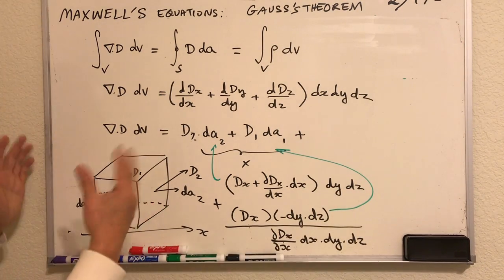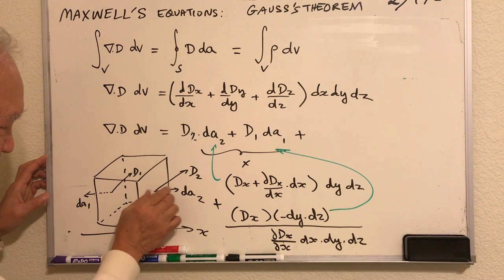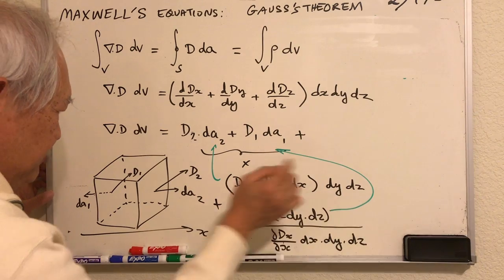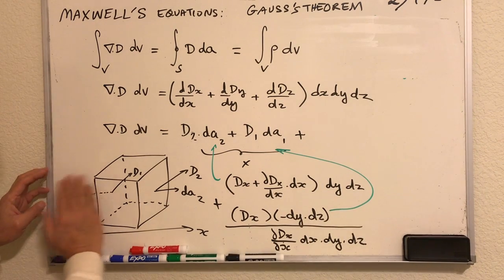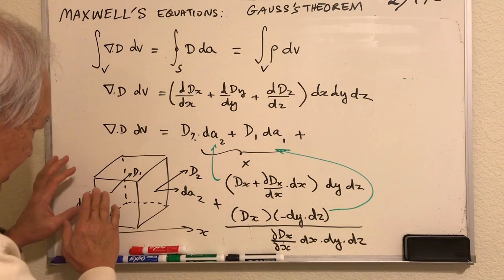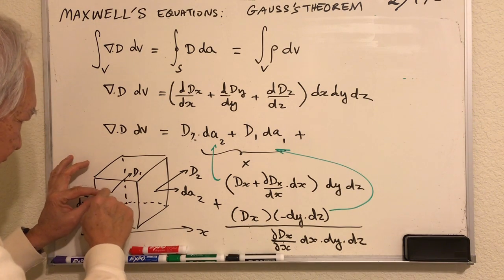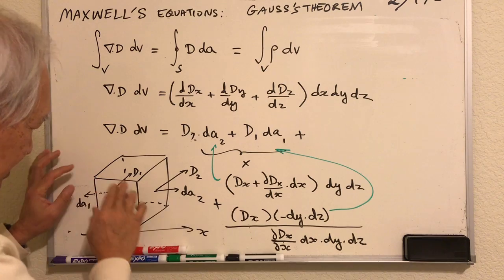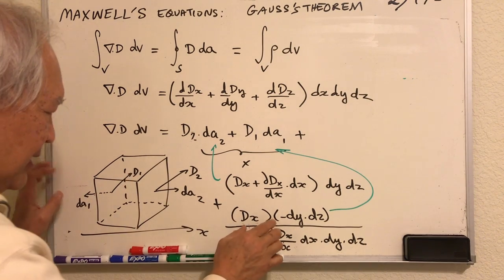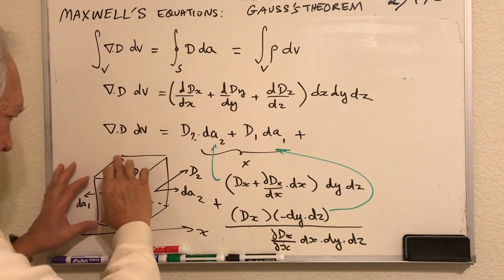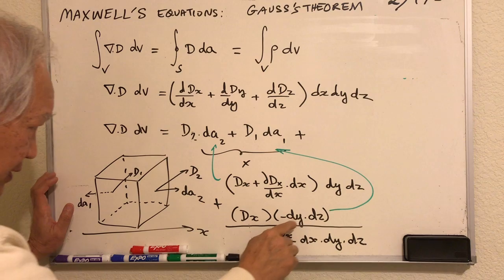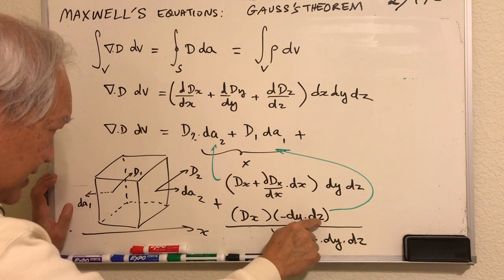And because our convention is surface area facing outward, this is a plus sign. On the other hand, on the opposite surface, we also have Dx, which is the value of the x-axis component of that vector, and the area of the unit surface here is also dy times dz.